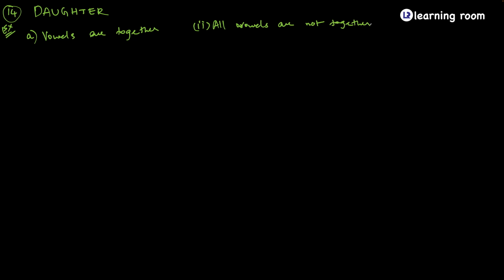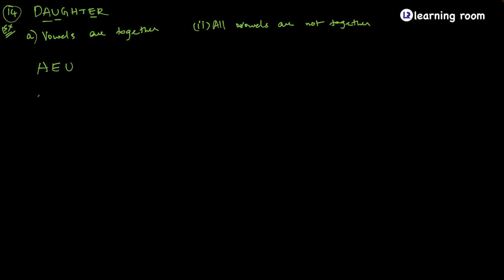Okay, observe this. Listen. So if you observe, what are all the vowels in this? A, E, U. Am I right? A, E, and U. So how many letters are there in this? 1, 2, 3, 4, 5, 6, 7, 8. So those 8 letters, right?